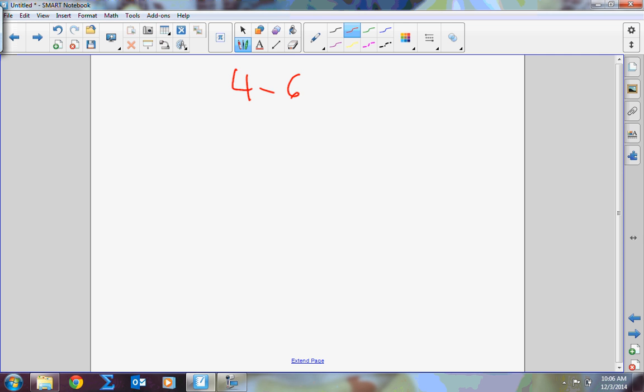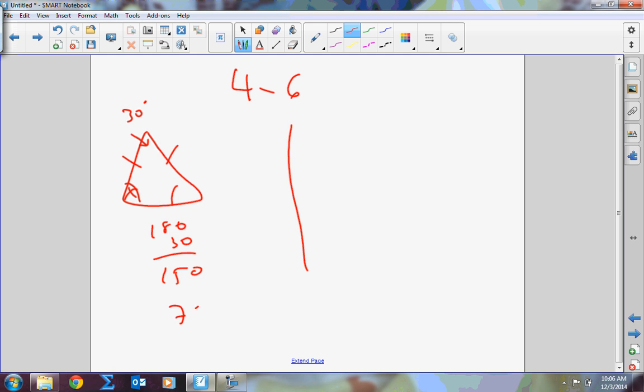4.6 was isosceles triangles. We didn't get to do the lesson together, so it won't be heavy on that. You should be able to solve problems like this. If this is 30 degrees, and that's x, then you know that these two angles are congruent, so they're sharing the 150, so each of those are 75. You should be able to do that.